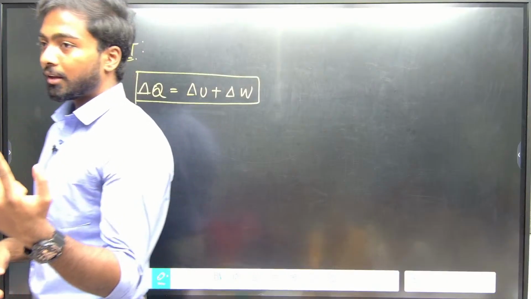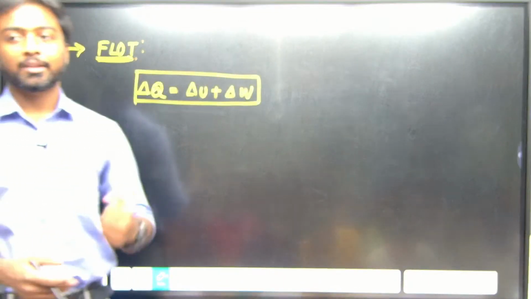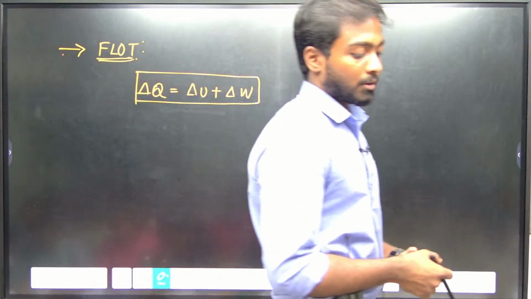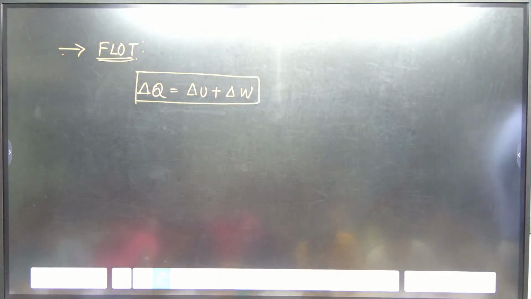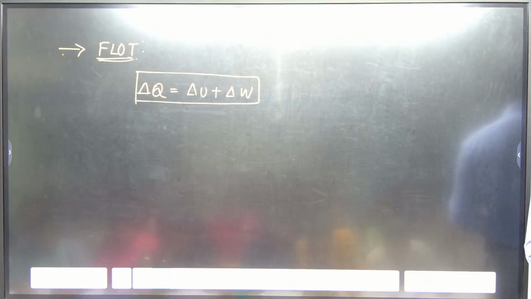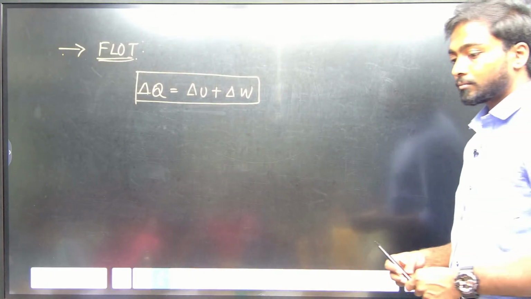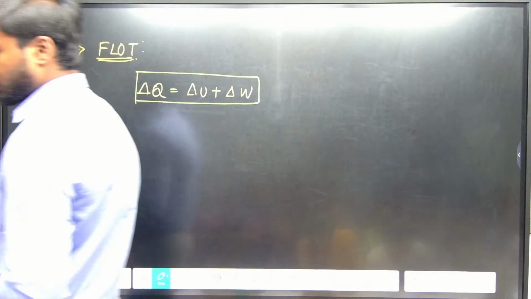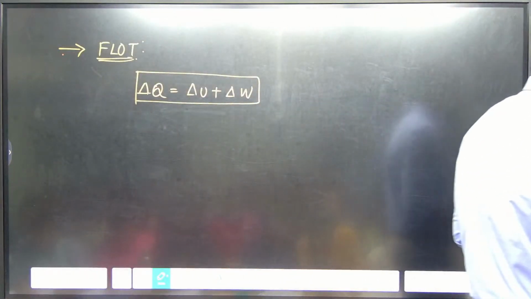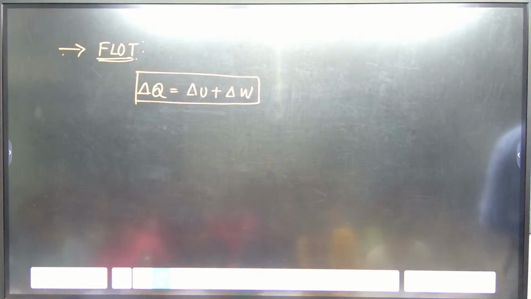Delta U: if the temperature of the system increases, positive; if it decreases, negative. Next is delta W. Work done by the system is positive, work done on the system is negative.